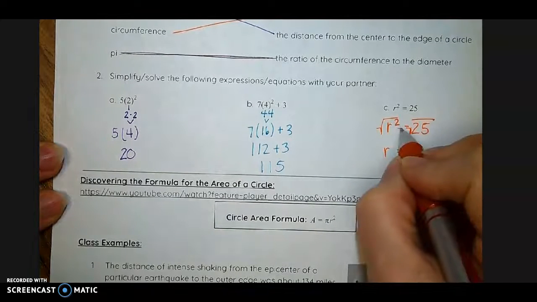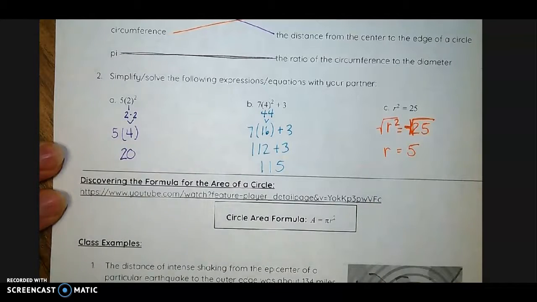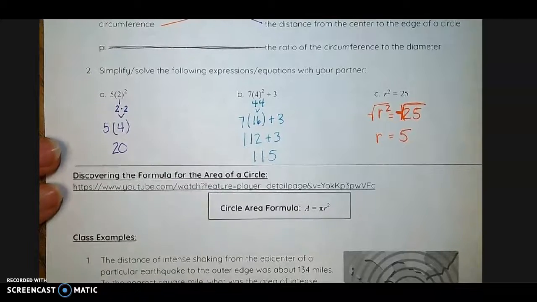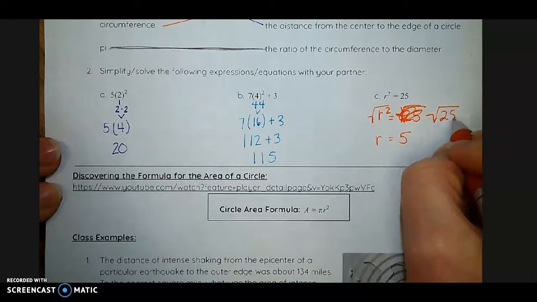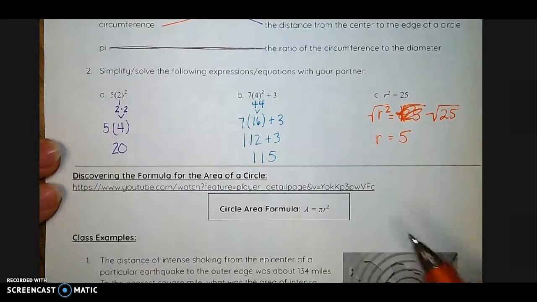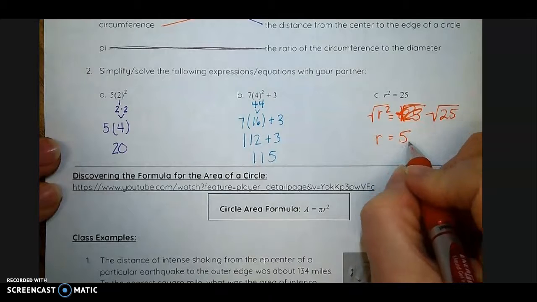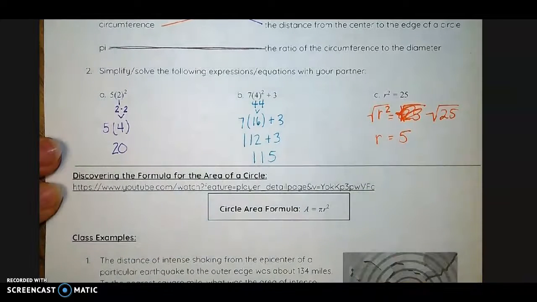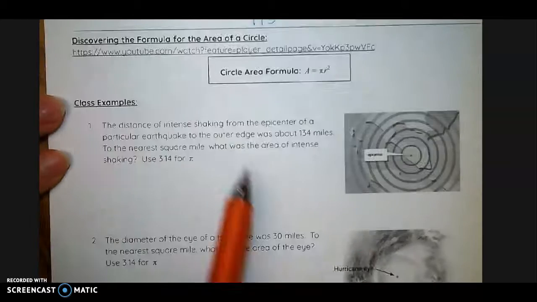Now typically when we do this, we say that our square root could be a positive 5 or negative 5, but because we're going to be working with something that's a distance, we are only going to be working with the positive values. Since it's a distance, we're only going to be using the positive 5, but we could have 5 times 5 is 25, and negative 5 times negative 5 is also 25. So that's where we would get the positive or the negatives there.